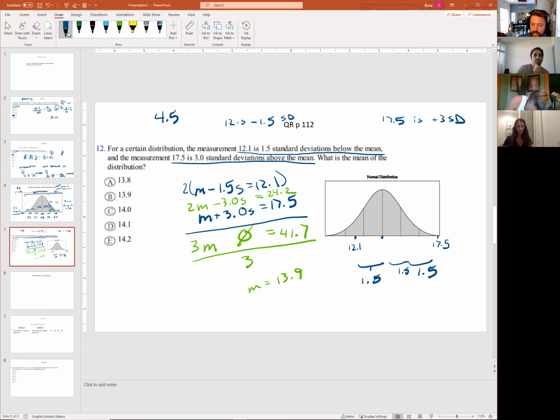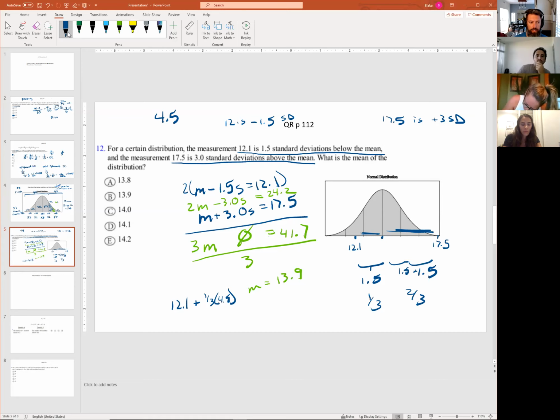The distance from here to here is 1.5 plus 1.5 standard deviations. Can you guys see that this is 1/3 of the distance up here, and then this is 2/3 of the distance up here? Does everyone kind of see that? So we have a fraction that we can use. If we're trying to get from 12.1 to the mean, we could say, all right, 12.1 plus 1/3 of 4.5, 1/3 of the total distance between them, to get to here.